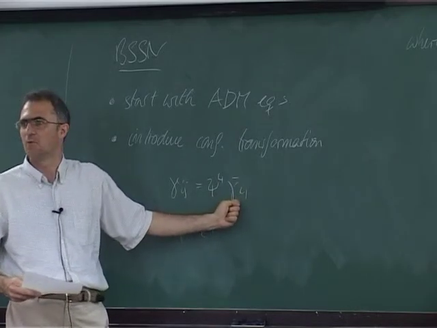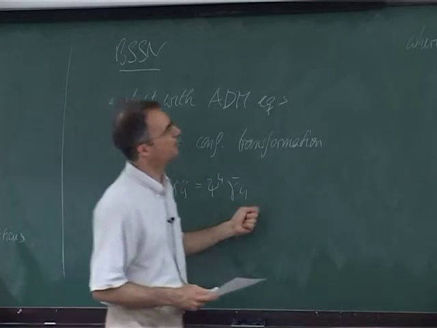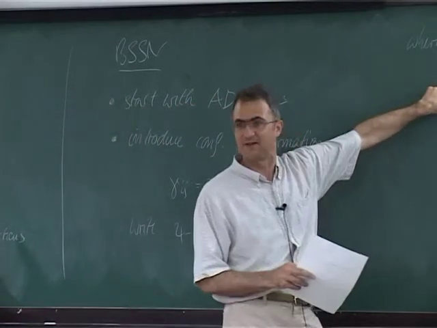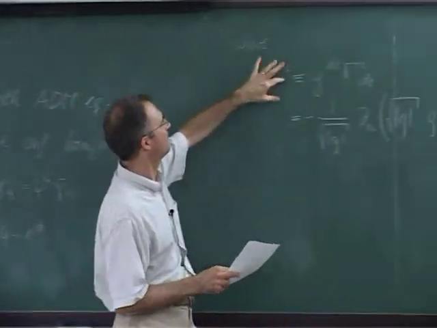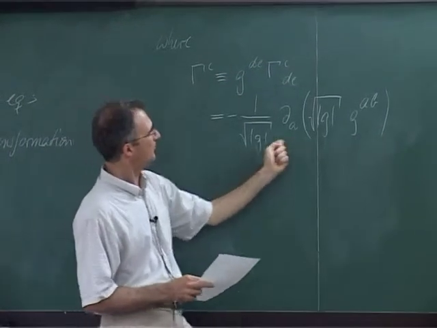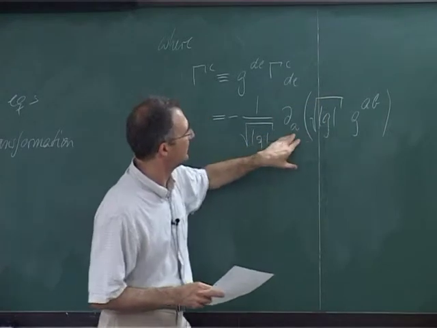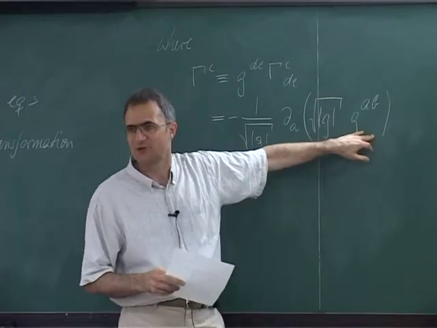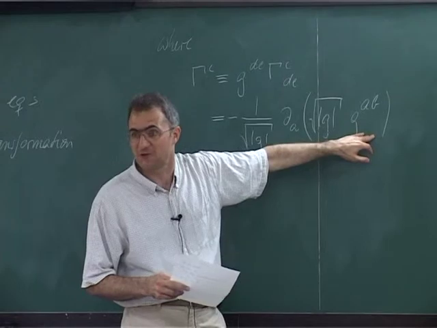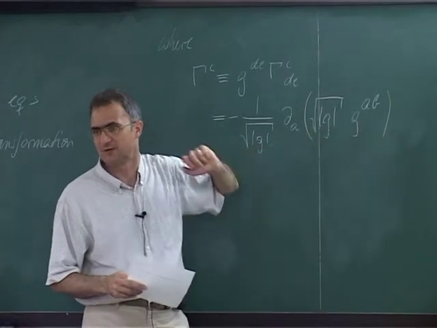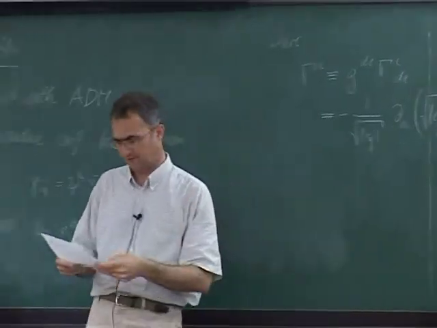Why is that nice? Because then if I compute the equivalent of these three-dimensional quantities, you notice that this determinant will be 1. It's gone, and really it's literally just a divergence of the metric from partial derivatives, okay? So that's what makes this nice.